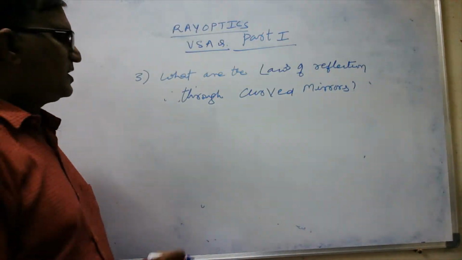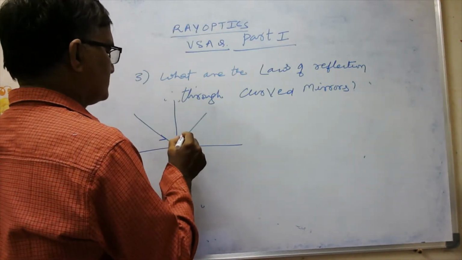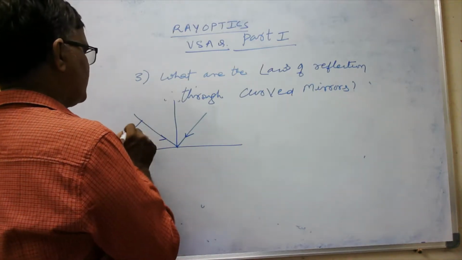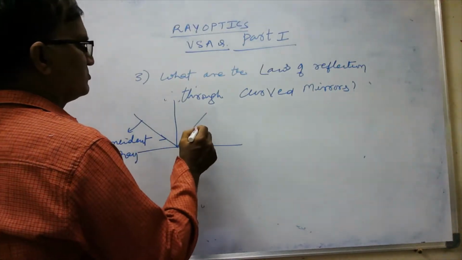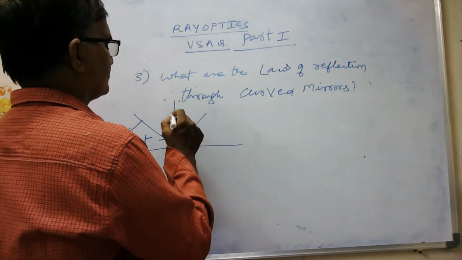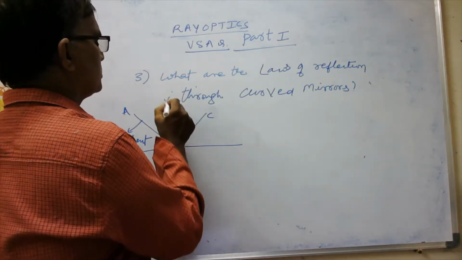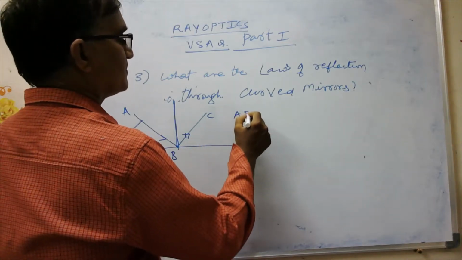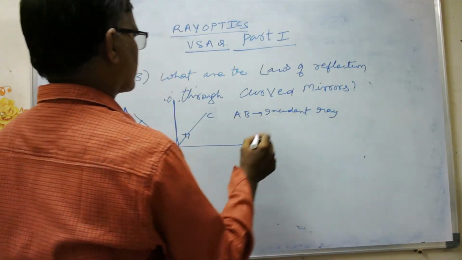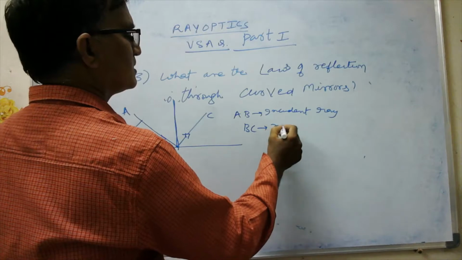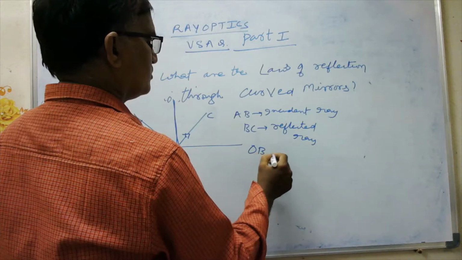So here, when a ray of light is incident on a reflecting surface, this is the incident ray, this is the reflected ray, and this is the normal. AB is the incident ray, BC is the reflected ray, OB is the normal.